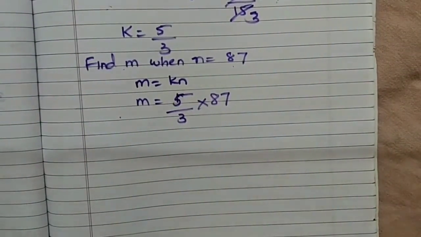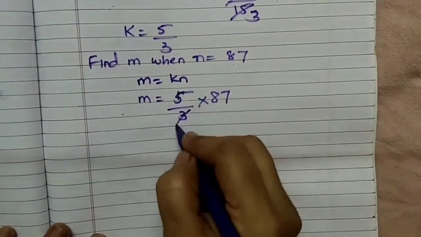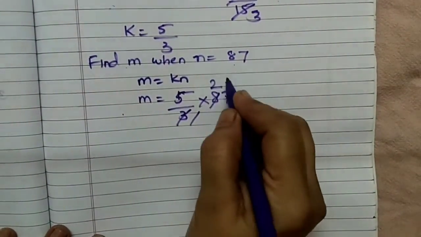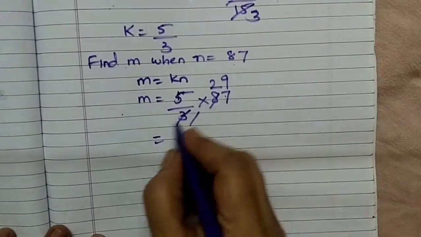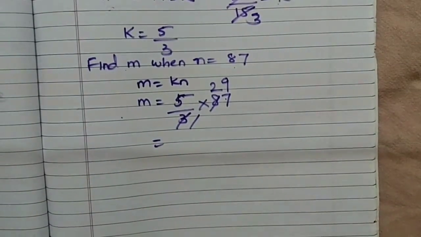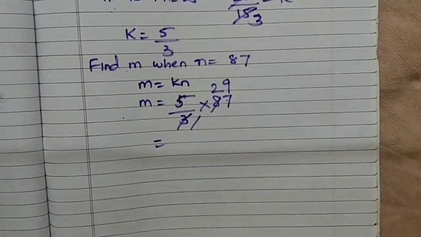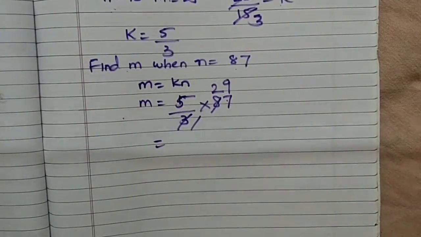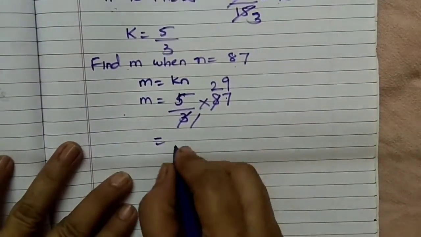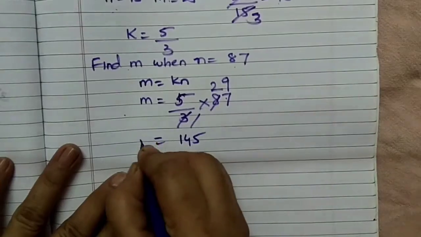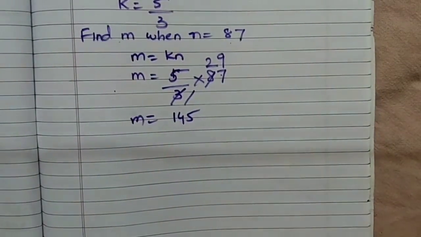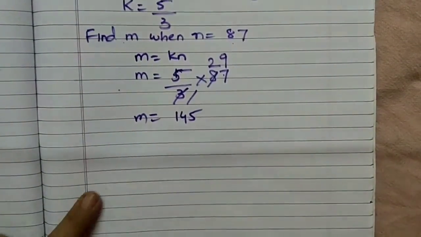This will be divisible by 3. 3 2s are 6, 3 9s are 27. So 29 into 5. 29 5s are 145. So m is equal to 145.